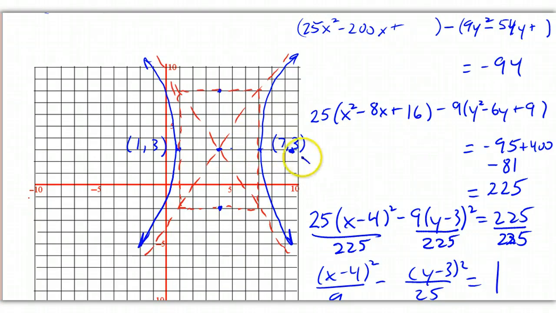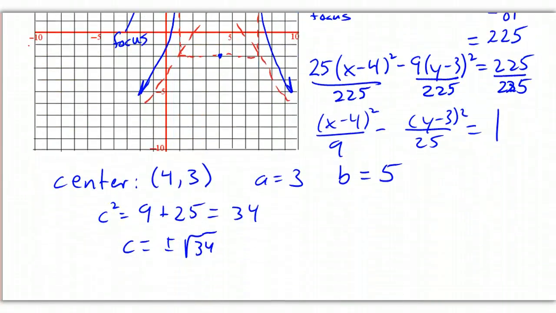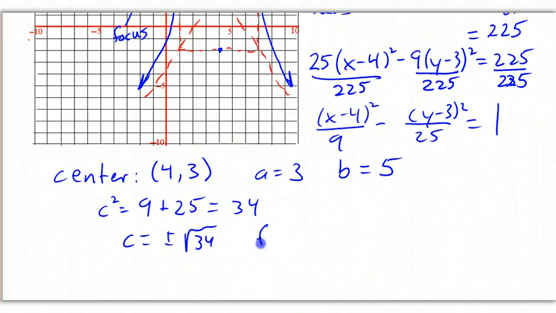So I'm going to put one focus right there. And then go back a little less than 6. 1, 2, 3, 4, 5. Right about there. And there's another focus. Okay, so technically, my foci are at 4 plus or minus the square root of 34, comma 3.